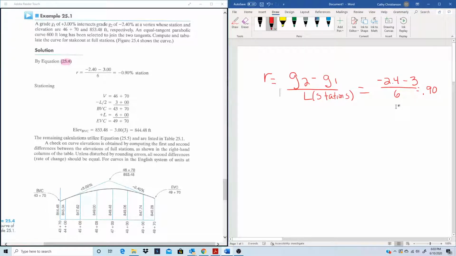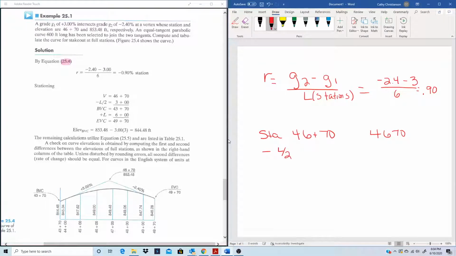because if not, when we're checking, it comes up kind of funny. Alright, so next we've got to get the stationing. Stationing is kind of just like the stationing in the horizontal curves. So they give you the V, 46 plus 70. So you can either do 4670. This one's equal, so each side, to get the begin vertical curve, that's going to be minus L over 2.